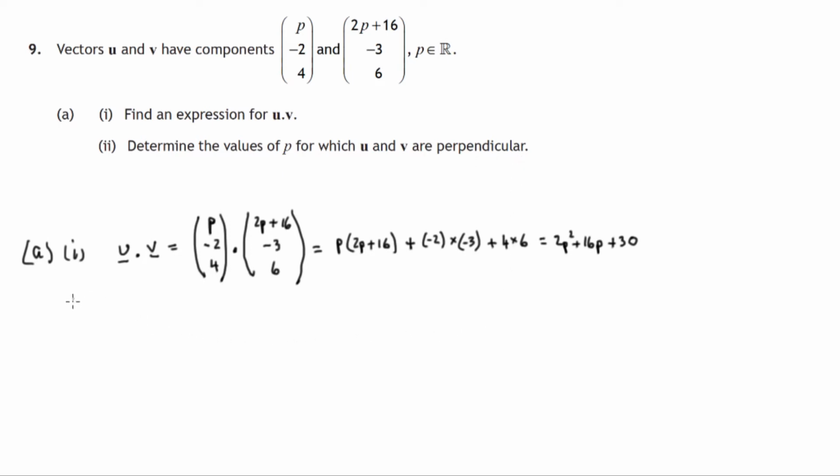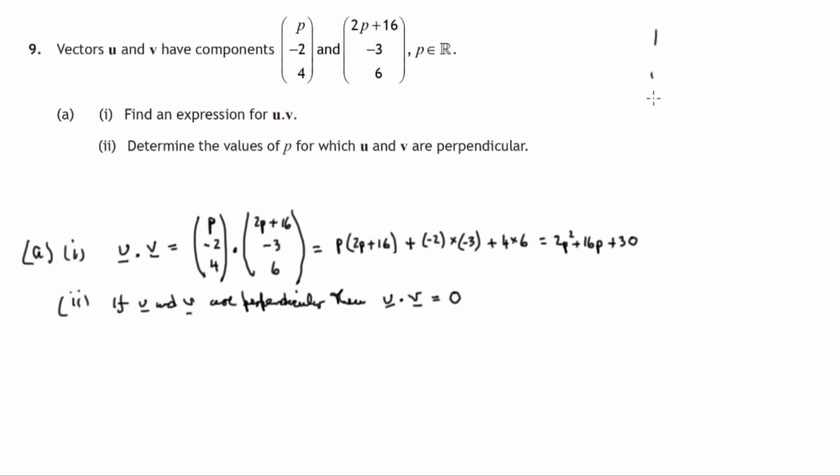So if u and v are perpendicular, then u dot v is equal to 0.